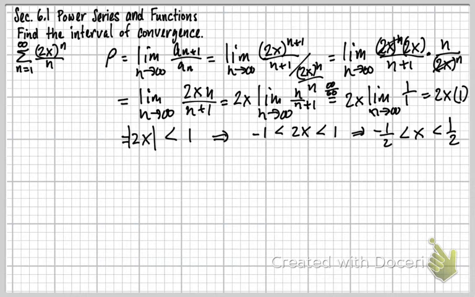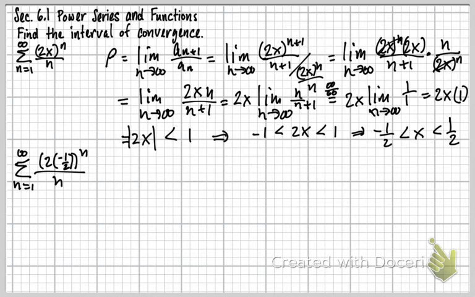So what we do is we take the original series and we plug in. Let's do the negative 1/2 first. So that's going to be (2 times negative 1/2) to the n over n. If this series converges, then we include that negative 1/2. If it diverges, we don't.